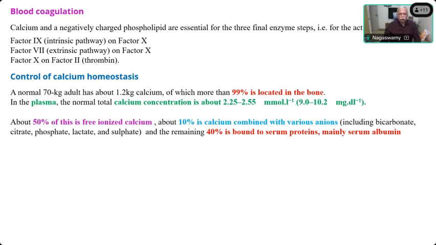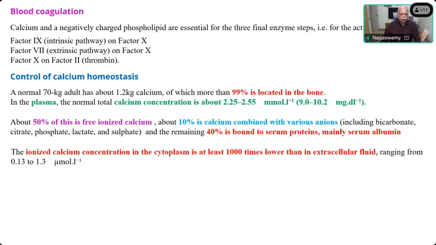And 40% is bound to proteins, especially serum albumin. So the total 100% is divided like this: 50% is active ionized calcium, 40% is bound to proteins, and 10% is bound to the anions.